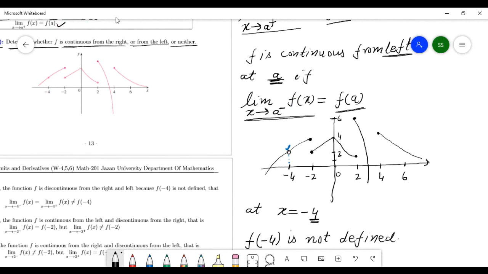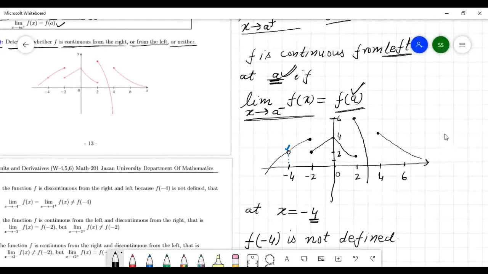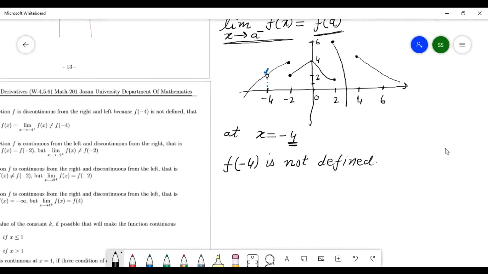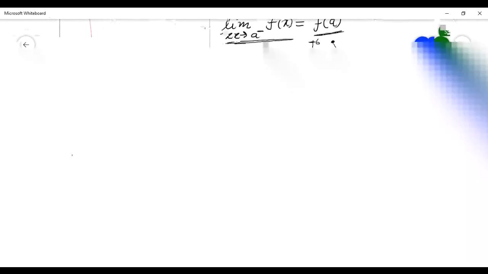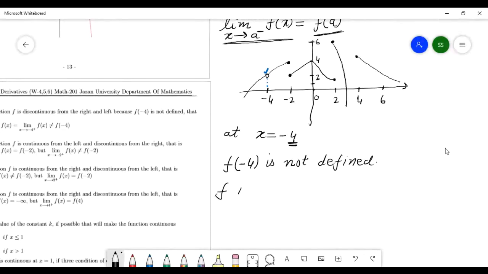If you are checking at this point a, that is -4, this f of -4 is not defined. Okay. So at -4, f is discontinuous. Not continuous at x equal to -4. Right.